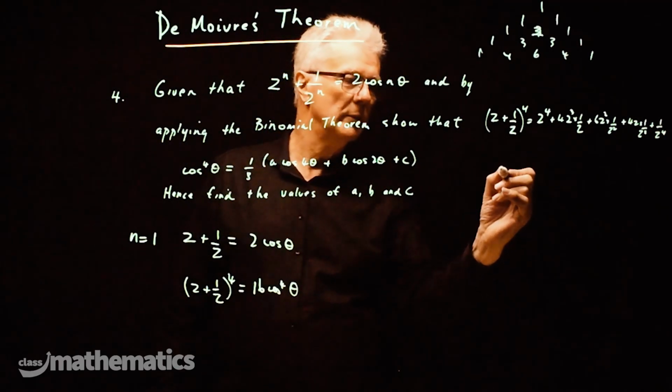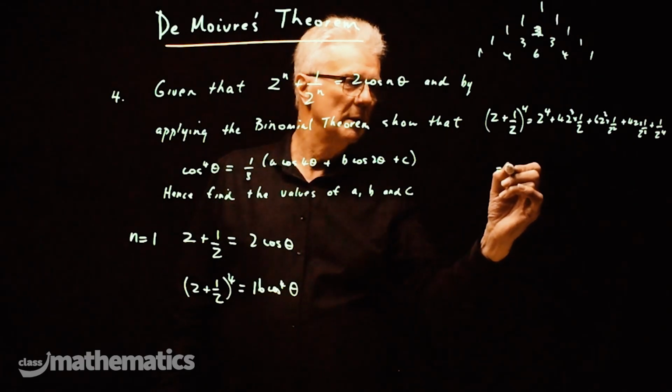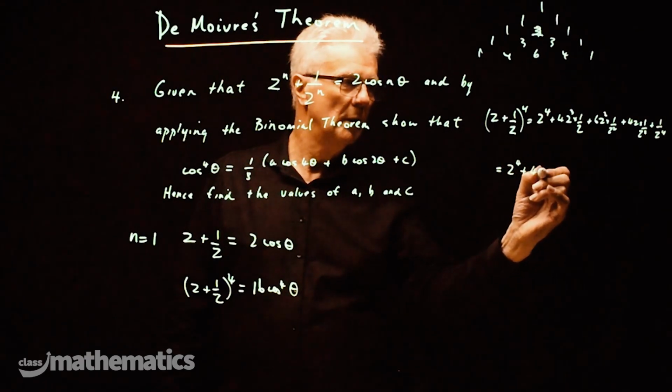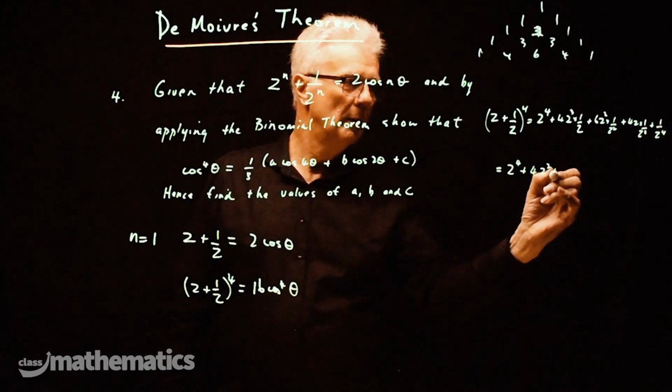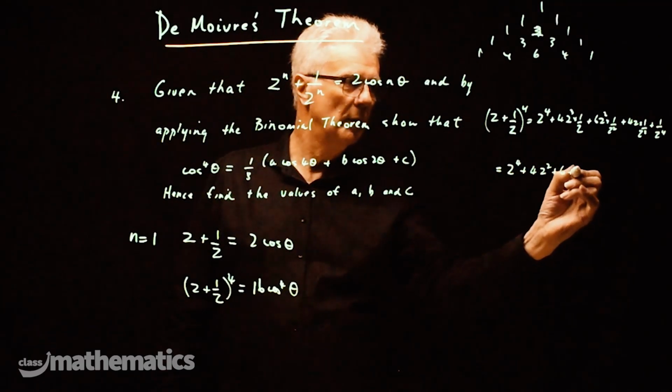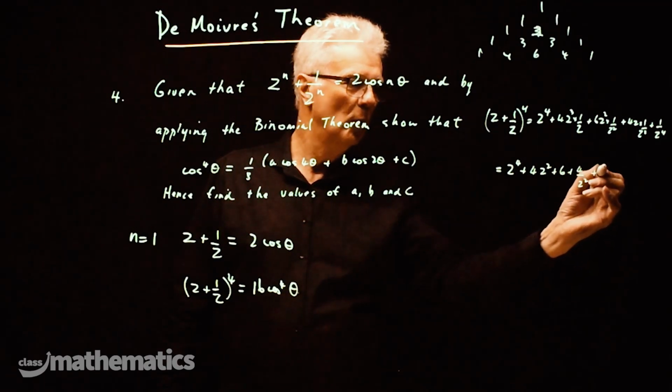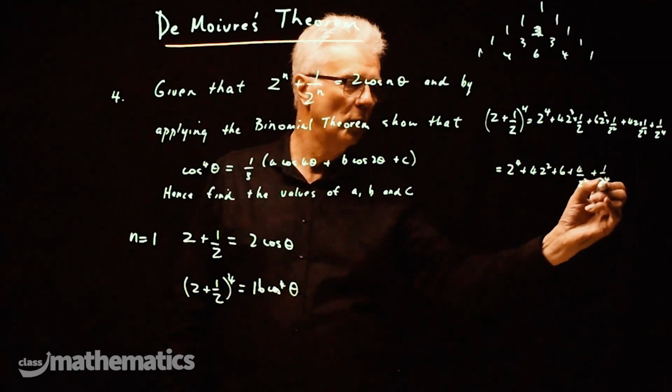This becomes z to the 4th plus 4z squared plus 6 plus 4 over z squared plus 1 over z to the 4th.